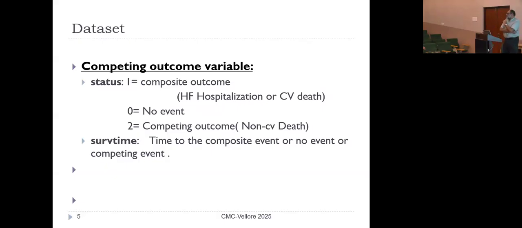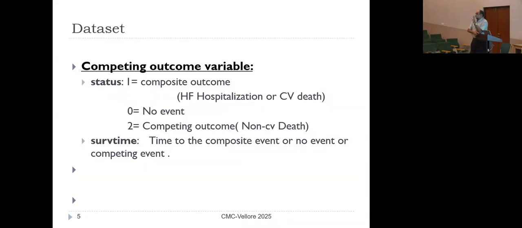Why isn't stroke a competing risk for that? Because if you get a stroke, you're still at risk for getting heart failure hospitalization or CV death. Remember that a competing risk is something that precludes you from being at risk. Yes, technically you could say it changes your risk, but we typically don't worry about things that only slightly change your risk.